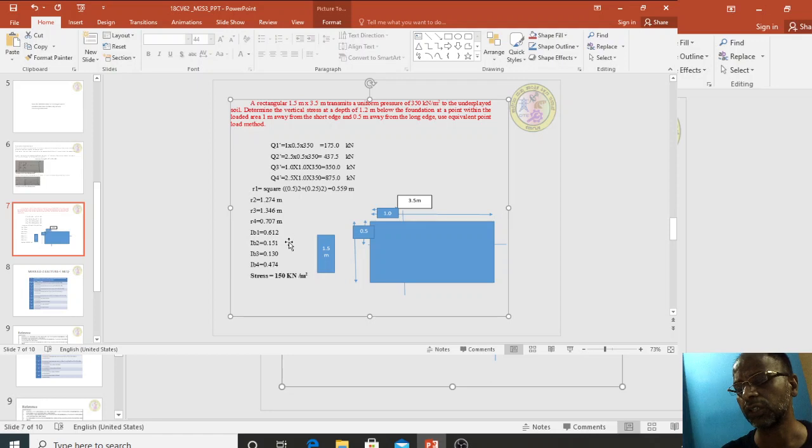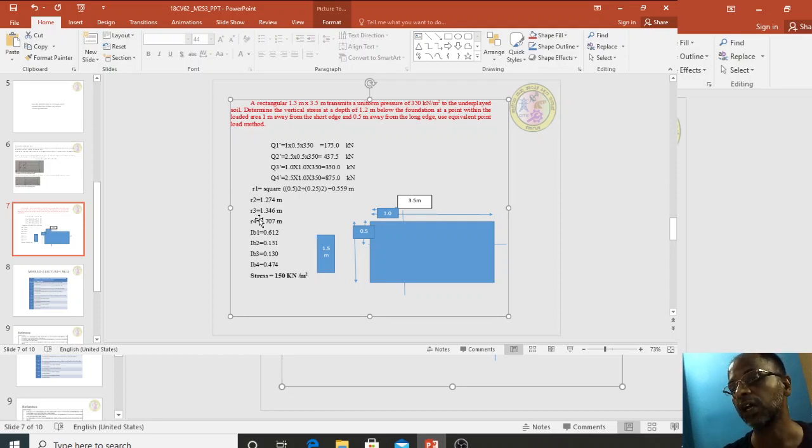Similarly, R4 is 3.5 by 2 squared plus 1 by 2 squared, root of that value gives R4. So now IB1, IB2, IB3, IB4 are 3 by 2 pi, divided by 1 plus R by Z whole squared, whole to the power 5 by 2. R value is known, depth Z is constant, so R1 by 1.2 whole squared, R2 1.274 by 1.2 whole squared, R3 1.346 divided by 1.2 whole squared, R4 0.707 divided by 1.2 whole squared.